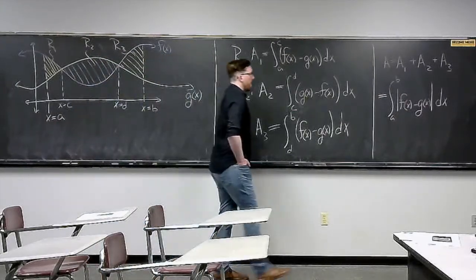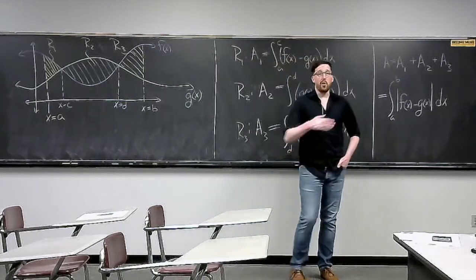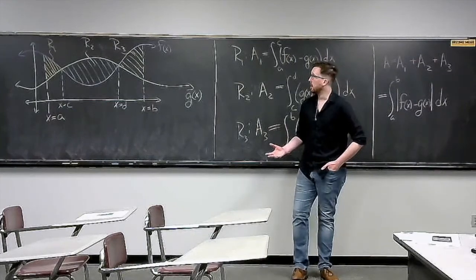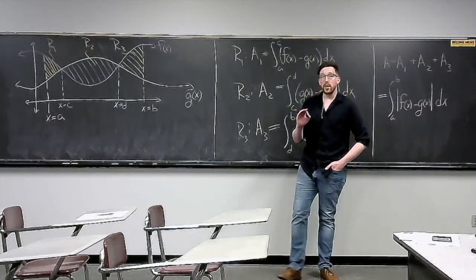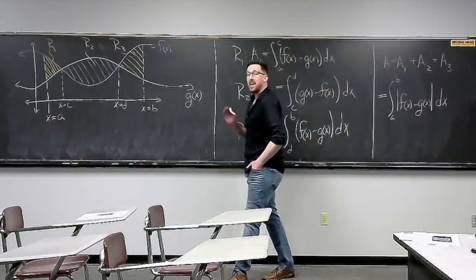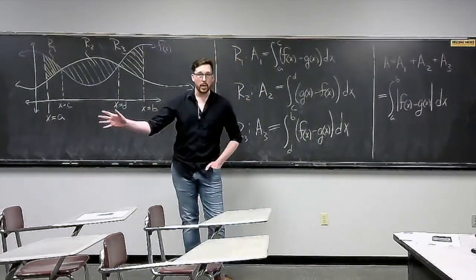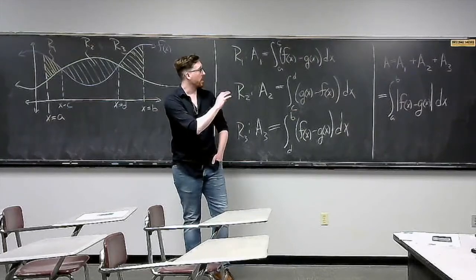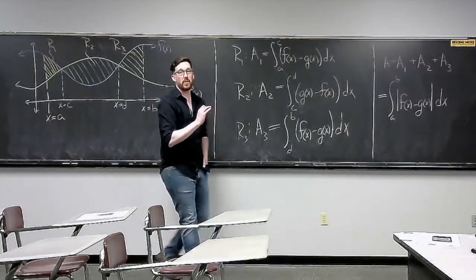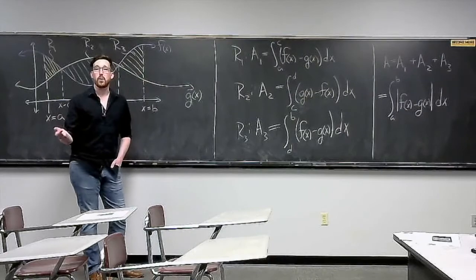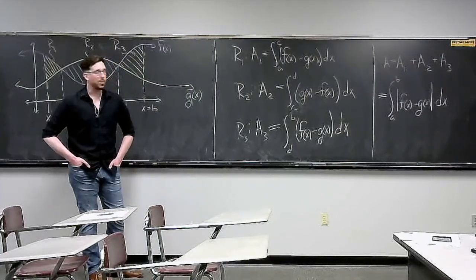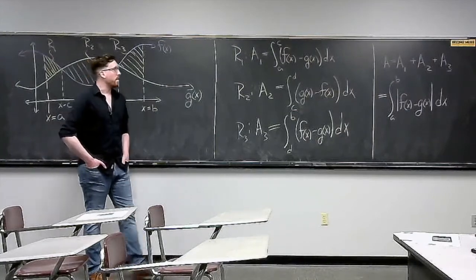And what those absolute values are essentially doing is getting rid of all of the signs, which is really great. Because what that means is that area, just area, period, can be evaluated as the definite integral of the absolute value of the difference of functions. And that's it. That's all there is to this idea of finding area.